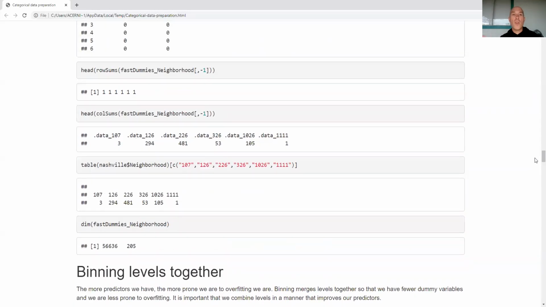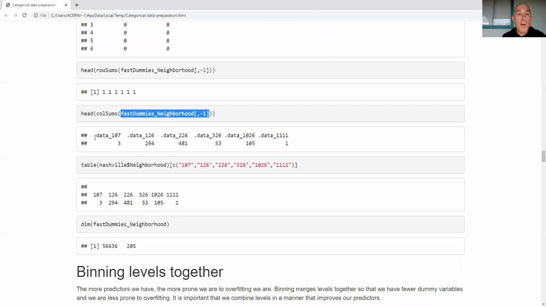All right, so now I just want to show you, if I take the row sums of everything except for the original column, you'll notice that they all add up to 1. They all add up to 1 because each level is appearing one time. Then I can add up, for each of the dummy variables, how many times it is equal to 1.